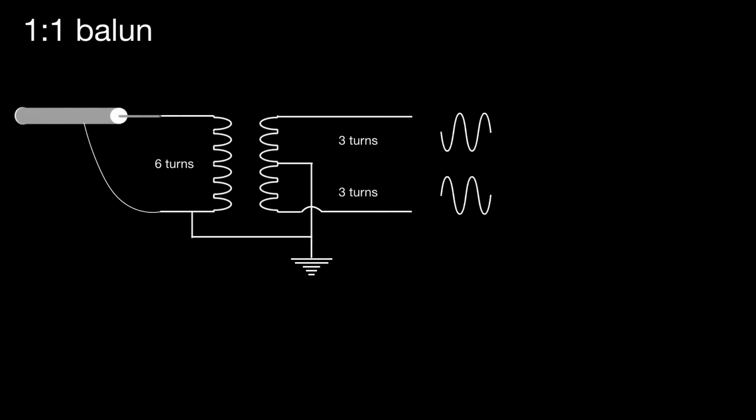The braid is earthed, as is the centre of the secondary, and the balanced feeder is connected to the top and bottom of the secondary. And just a reminder there with the antiphase but equal in amplitude signals on the balanced system. So we call that a 1-to-1 Balun because there's been no attempt to do any impedance transformation.